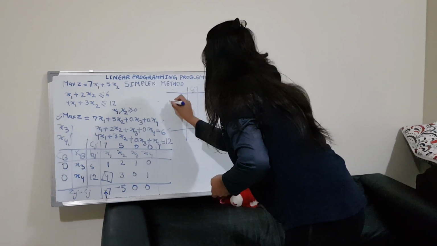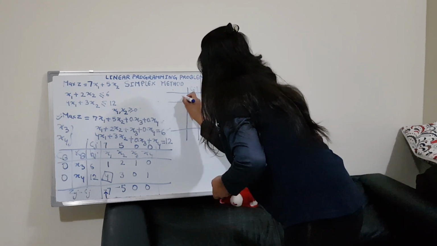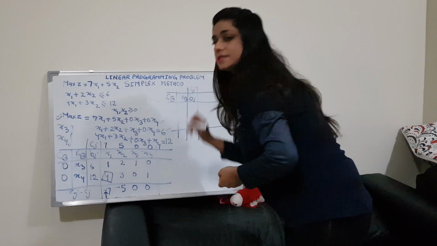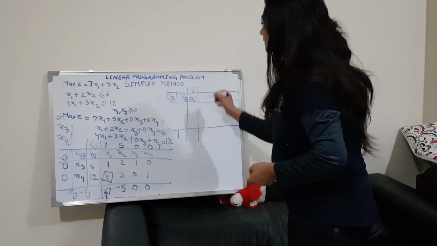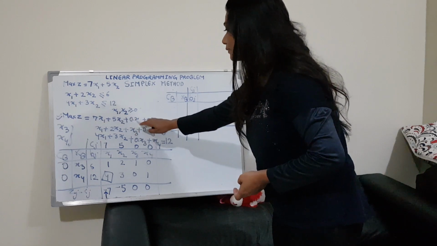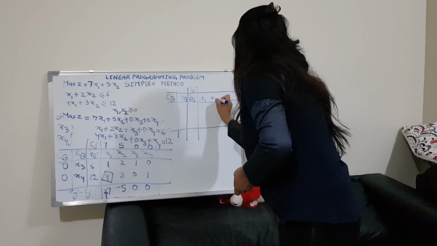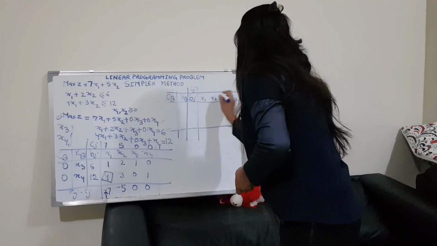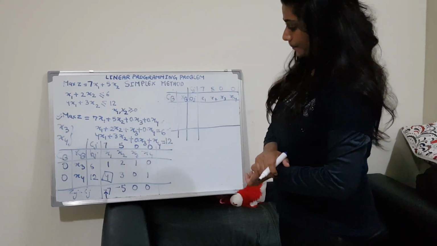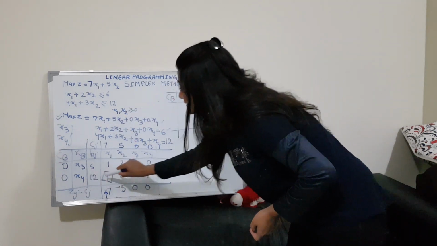Cj, below Cj, Bj, here Xb and here Cb. The format is the same, and the Cj, coefficients of all variables, are also the same, from this equation 7, 5, 0, 0. So first we will write here x1, x2, x3 and x4: 7, 5, 0, 0.